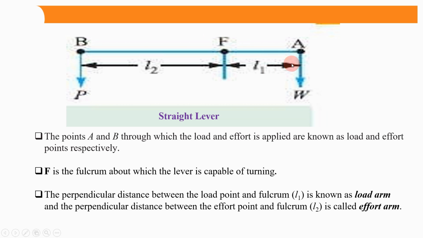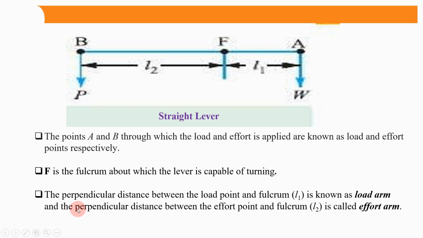So what is the perpendicular distance from this load point to F? It is denoted by L1. This is the distance we have counted from the load point A to the fulcrum F, denoted by the letter L1, and it is called the load arm.